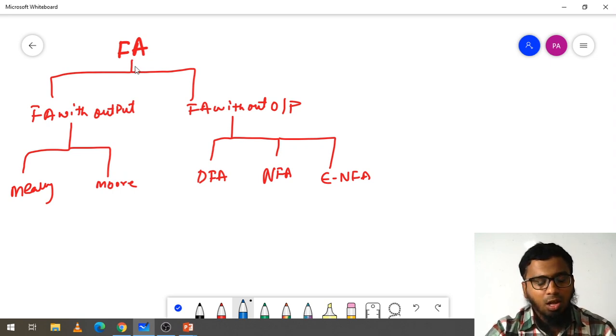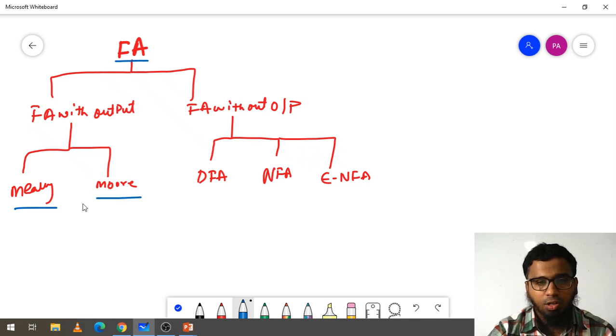In the last class I did not complete this diagram, because of that I draw it here. Here is the finite automata, FA. Finite automata with output, we saw the Moore machine and Mealy machine.